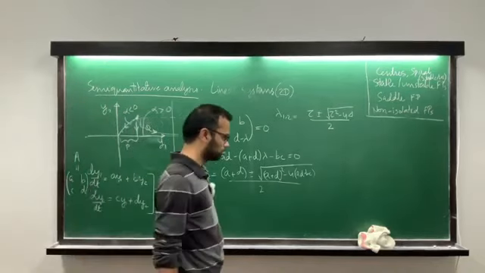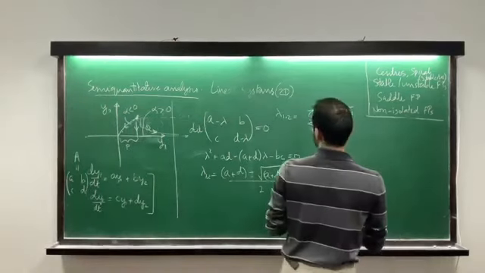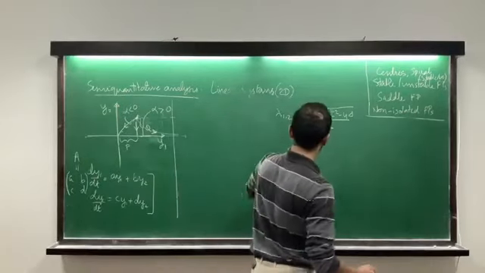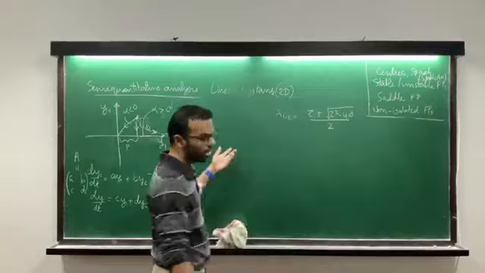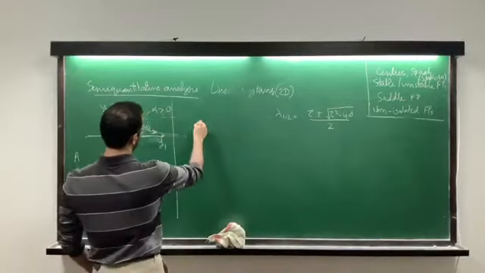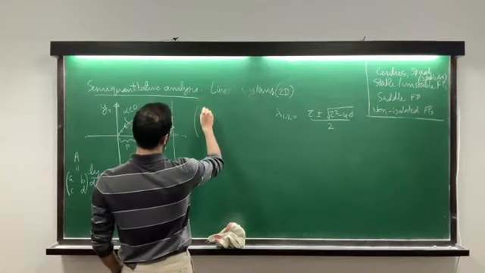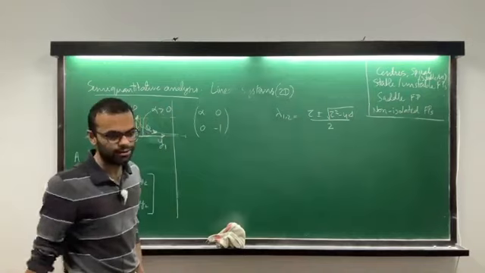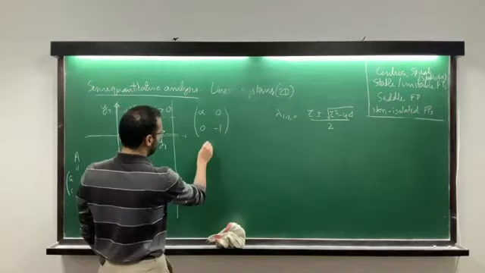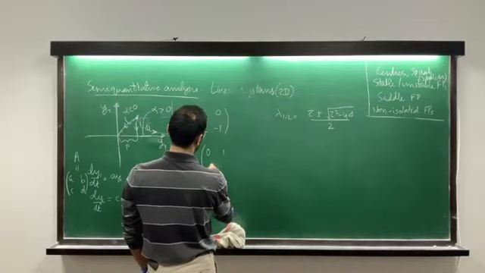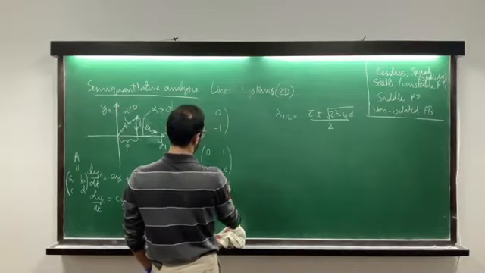Okay, so those are the eigenvalues. Now let's go back to our original two examples, the diagonal one and the perfectly off-diagonal one. The diagonal one had a matrix that looked like this: alpha, 0, 0, minus 1. The perfectly off-diagonal one had something that looked like this: it had minus some q naught and it had 0 like this.